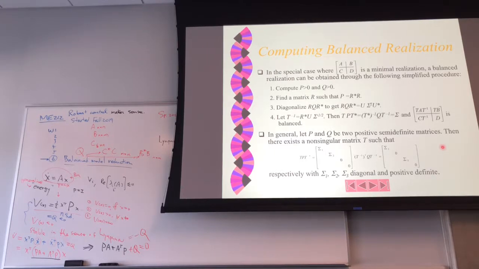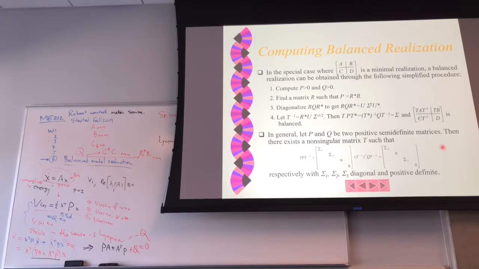First of all, you need to find a P and a Q, and find a matrix R to make this decomposition, okay? Then you diagonalize RQR, then you have this one. And of course U is the unitary matrix that diagonalizes this one. This is positive definite.